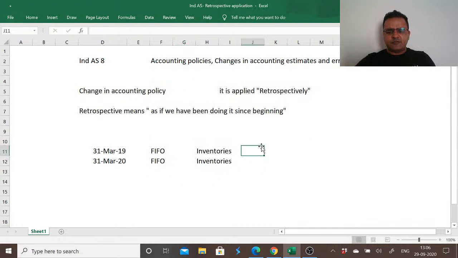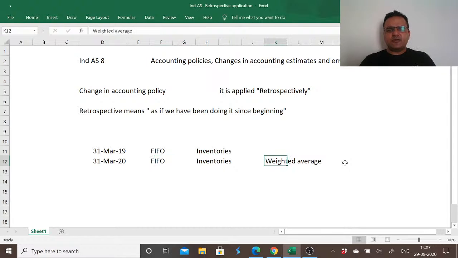Now we decided that we'll be moving to weighted average and we'll prepare financial statements on weighted average basis. So to prepare financial statements on weighted average basis, we need to re-measure. Now this year it was not done on FIFO. We are saying that we'll be measuring 31st March balance sheet on the basis of weighted average.